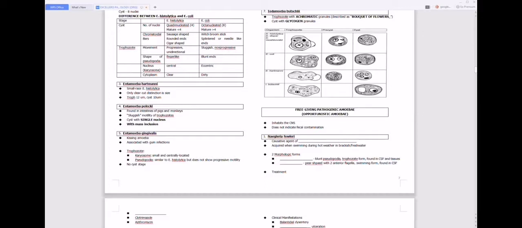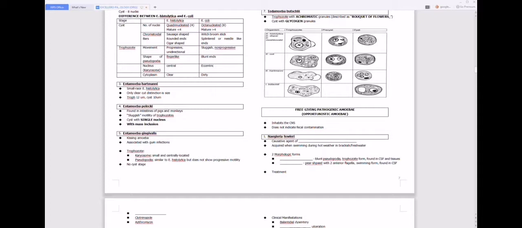So, ang kanilang habitat is the nervous system, sa brain, spinal cord, so nandyan sila. And it does not indicate fecal contamination. Kasi diba, you can get the free-living pathogenic amoebae like Naegleria and Acanthamoeba. You can get them through swimming in fresh water during hot summer weather.